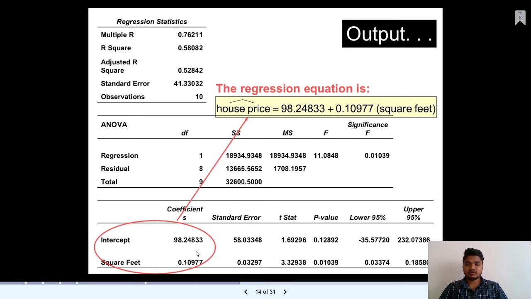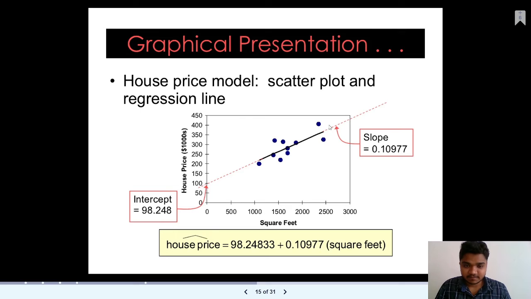This is the prediction model which we use for prediction.